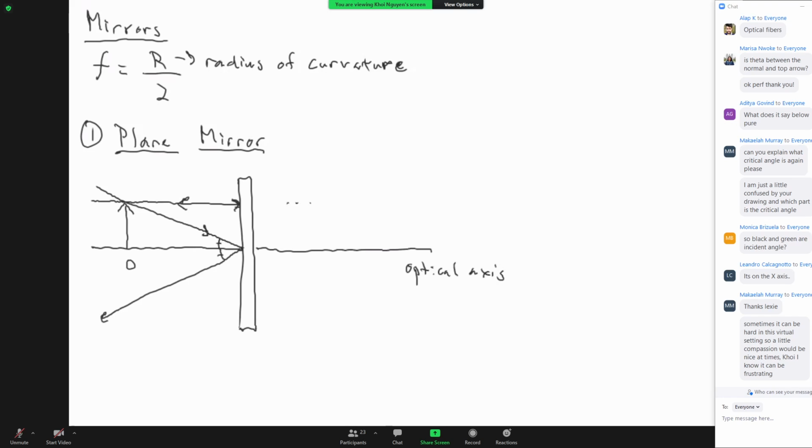So, since these 2 rays are going away from each other, this ray here and this ray are going away from each other. Those are the real rays. We know that the plane mirror is a diverging device.